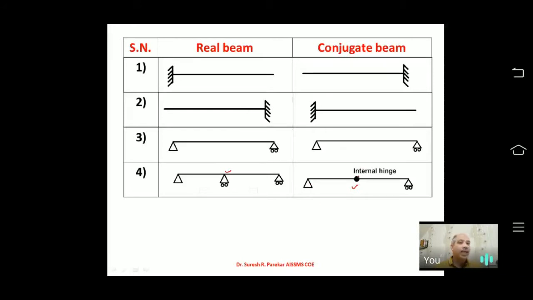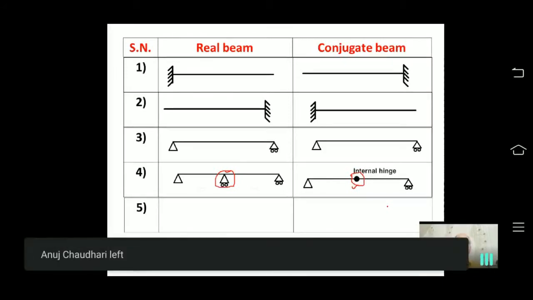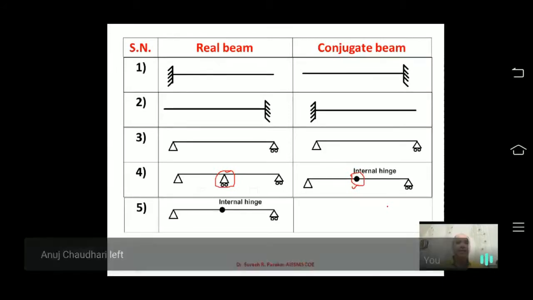Only when we have an internal hinge, because we know that for an internal hinge the bending moment on the left and the bending moment on the right are both 0. As the bending moment is 0, we can say the bending moment in the conjugate beam is 0. That means the deflection in the real beam is 0, and therefore we make a continuous support an internal hinge.